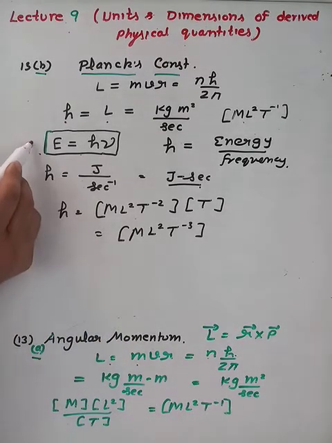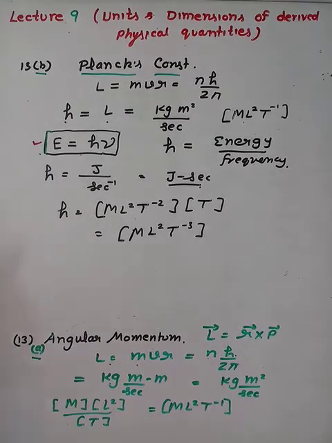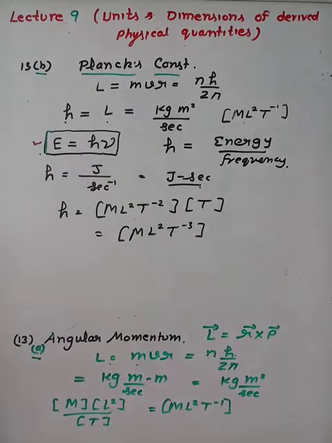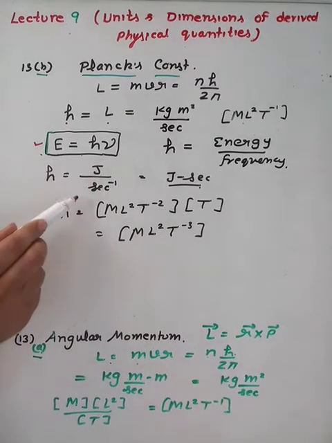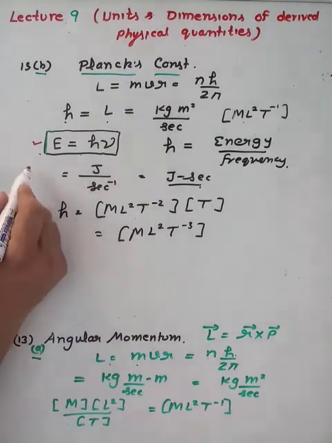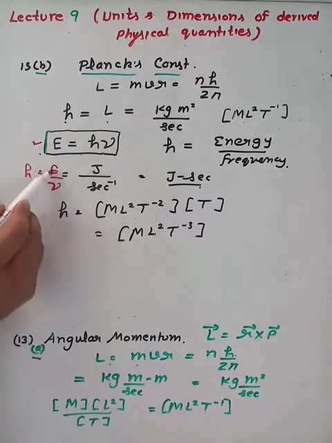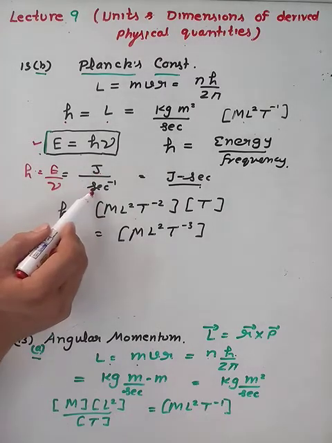Now another formula which we can use to derive h is E equals to h nu. h is therefore given as E by nu. What is E? It is joule, nu is second minus 1.